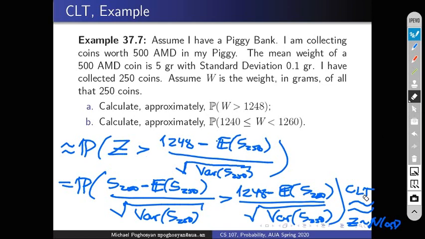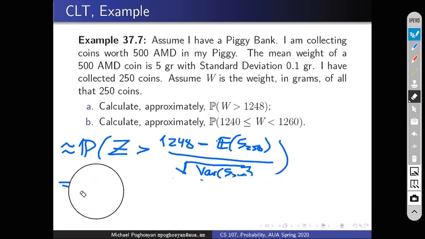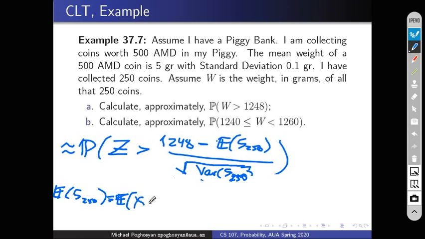Let me calculate. To calculate this, first I need to calculate the expected value of S250. S250 is just the sum of the first 250 elements, x1, x2, weights of our coins, up to x250.